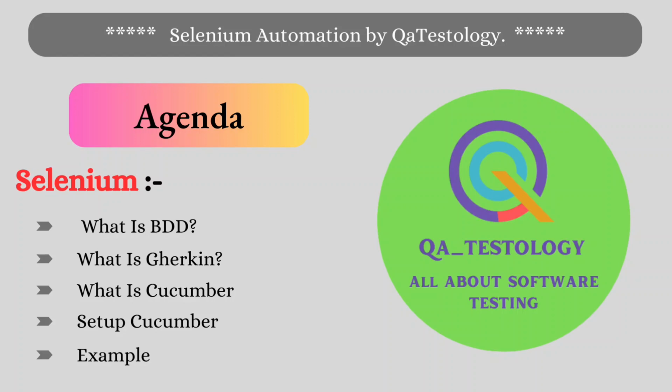So behavior driven development is a development technique. It is not a testing technique. When we say it's a development technique, it is the way of how software development should be started, how the requirements should come to the team, and how they will understand it, how they will implement it, how they will test it.